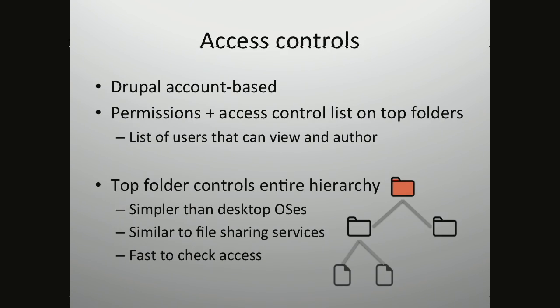So if you create a folder, everything inside it has the same access control. It's not recursive access control which you see in a POSIX file system or on a Mac, right? Which is nice, and we chose to keep that metaphor of keeping the access control on the top. It simplifies things. It also is due to performance reasons.